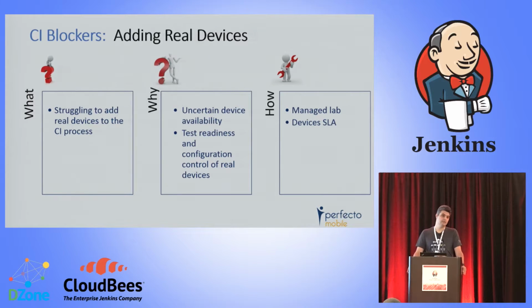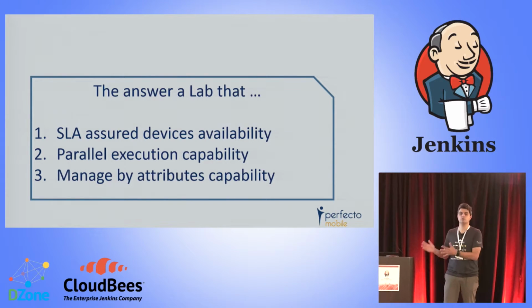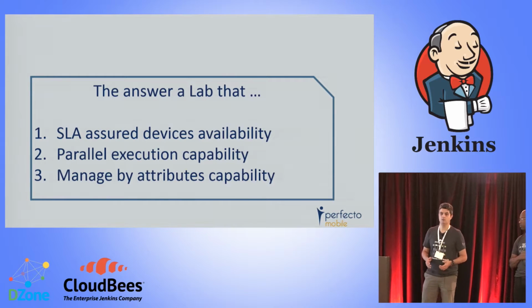So what is the right solution? The right solution is cloud. Why? Cloud gives you real devices, and cloud with an SLA, which promises that the devices will be available for you when the test or the build needs to be executed. So if we have our build 5 times a day, the devices should be there, available. Why?